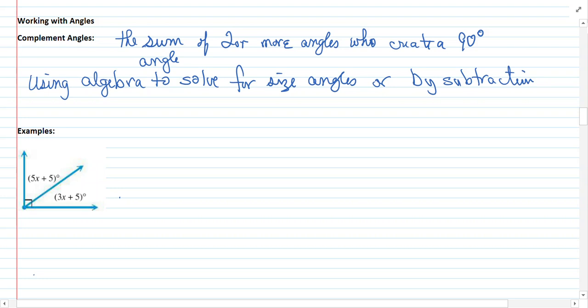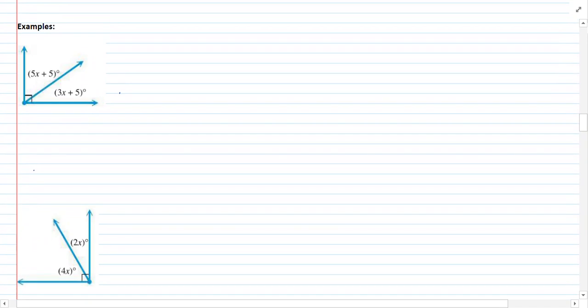In our cases, we're going to review algebra though. And this means the following. So I have a drawing. I have my 90-degree notation. So I know the two angles create a right triangle.